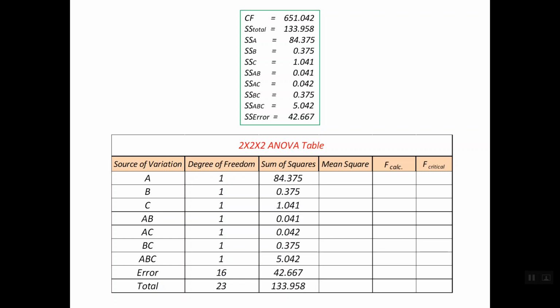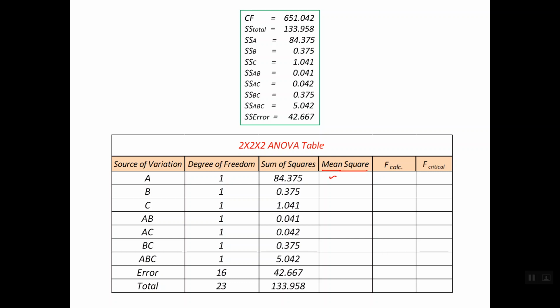Now we need to calculate the mean square, or the MS. The formula for the calculation of the mean square is simply we divide the sum of squares by the degrees of freedom.